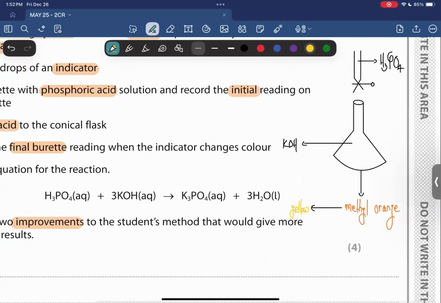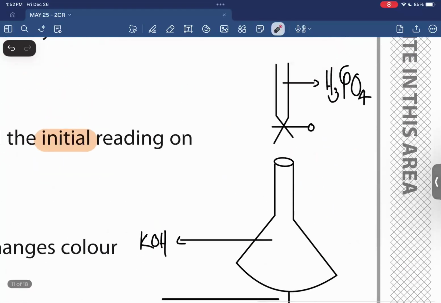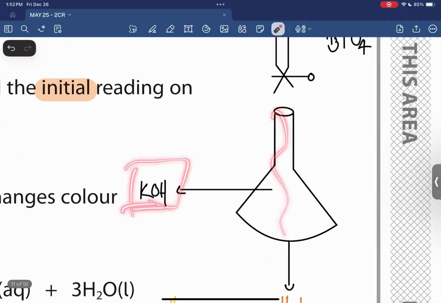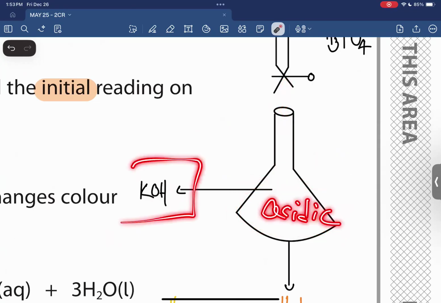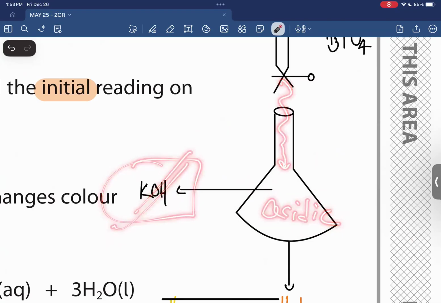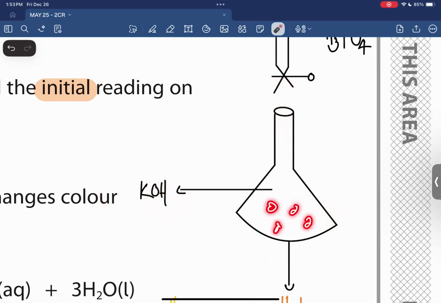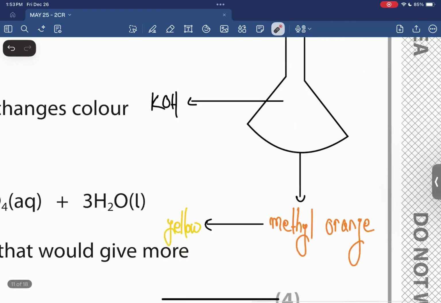Now, when you are adding this acid, the alkali is getting used up, and at one point of time all of it will be used up. So any further drop of acid would make the conditions in this conical flask acidic.